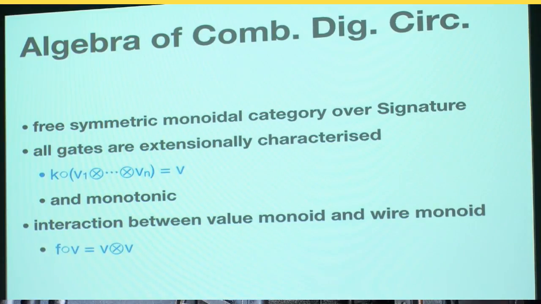And they're also monotonic over the lattice of values. And the interaction between the value lattice and the wire monoid is as follows. If you apply a value to a forking wire, you get two copies of that value. So it is also extensionally characterized.